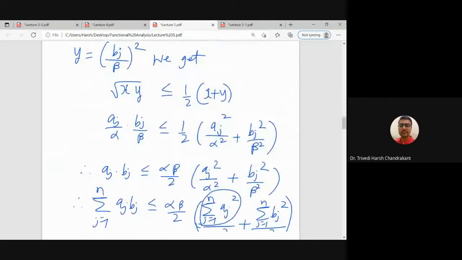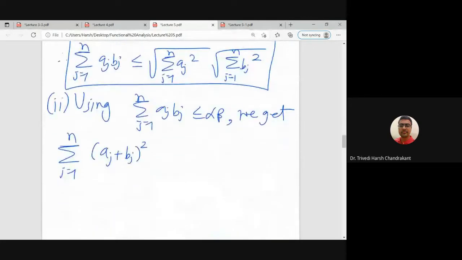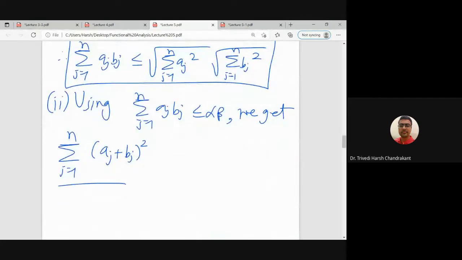Okay, so we are taking it without the square root. We are first considering this quantity. Later on, we'll take the square root. So this quantity, if we use the x plus y whole square formula, that is x square plus y square plus 2xy.